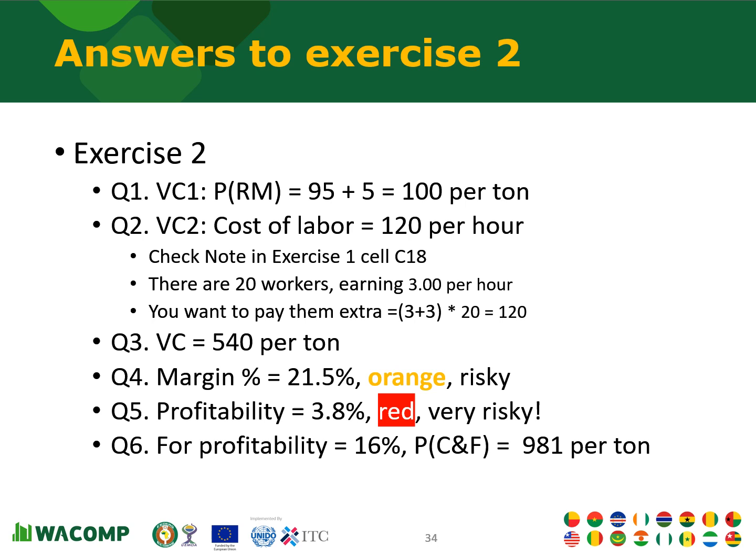You use Goal Seek and you'll find that for profitability of 16%, the price CNF Rotterdam must be €981 per ton. Question 7. Can you indeed sell 5,000 units at this price? Well, I leave that to you to answer.